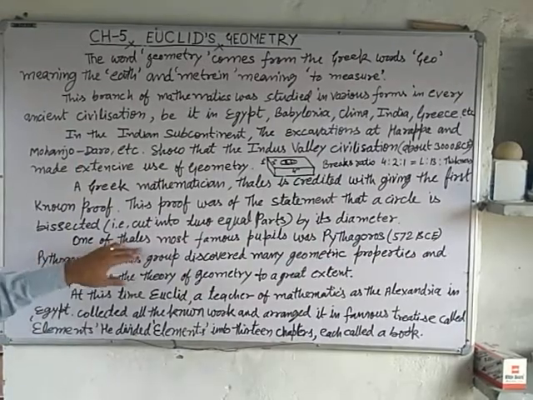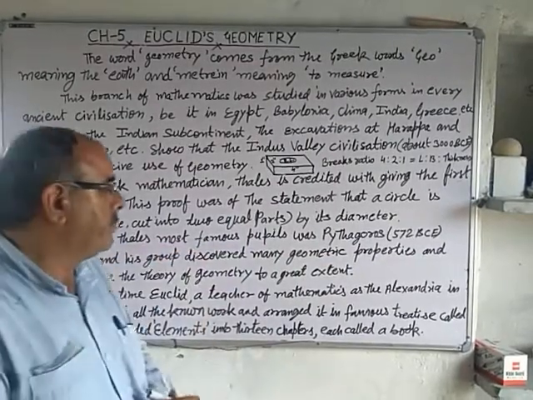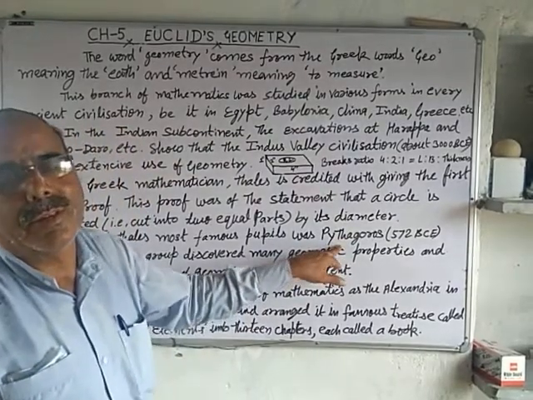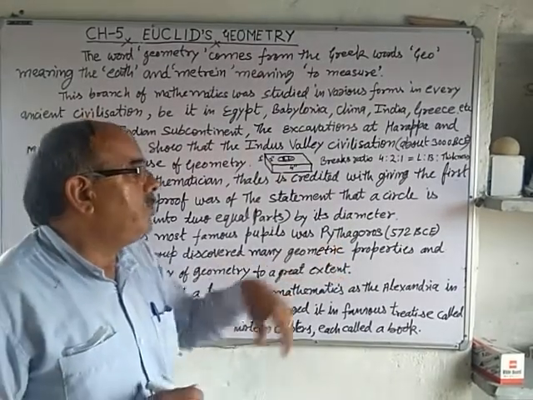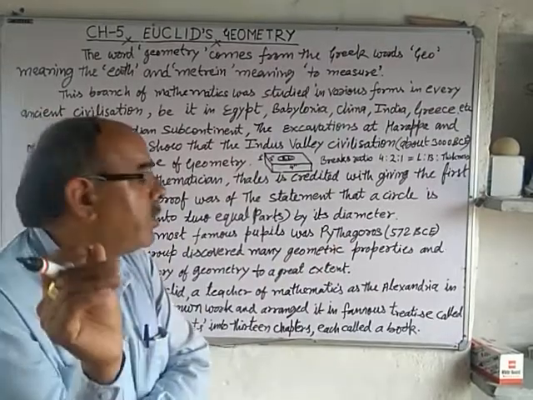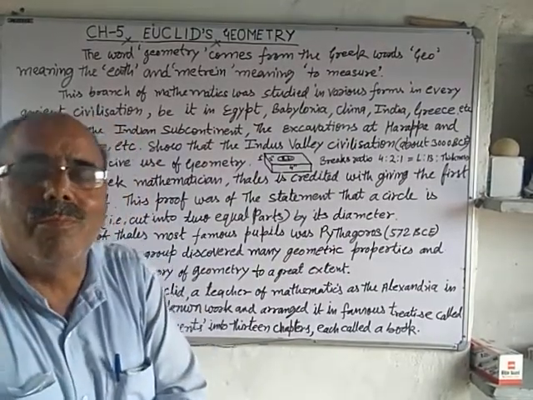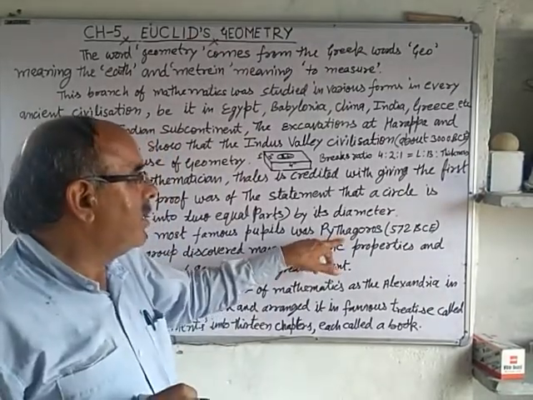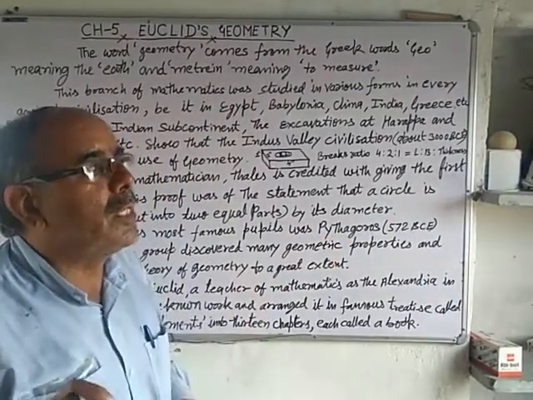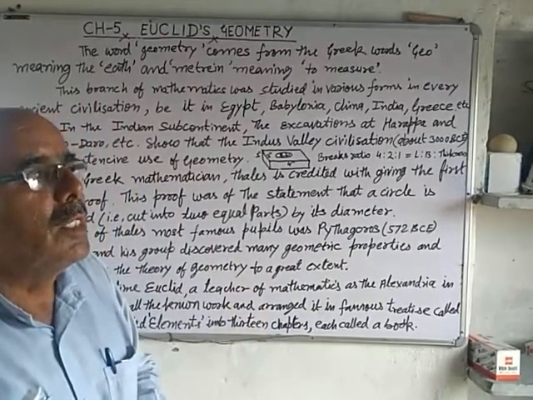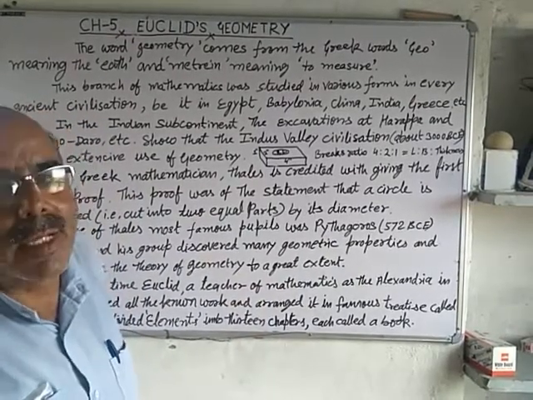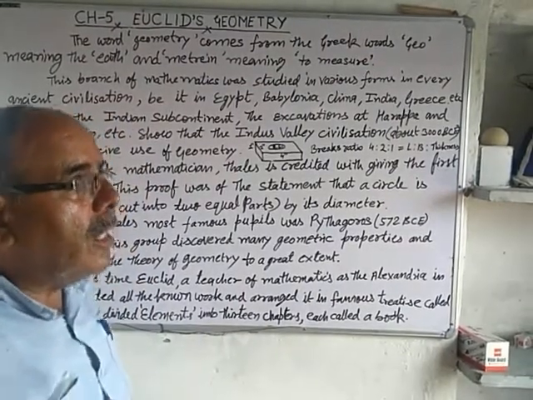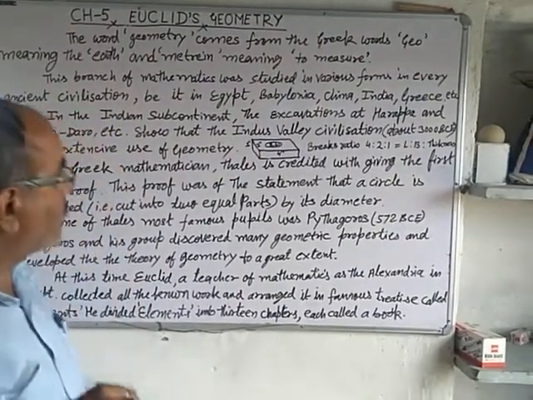One of Thales' most famous pupils was Pythagoras. He is a famous person. You have studied the Pythagoras theorem. It teaches us that the hypotenuse square is equal to the base square plus the length square.